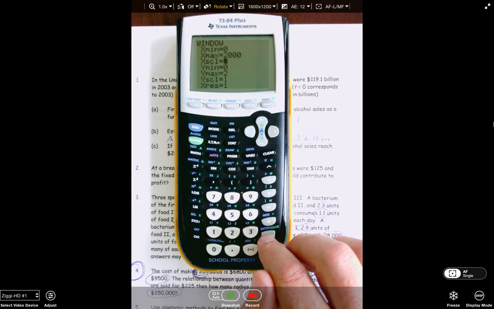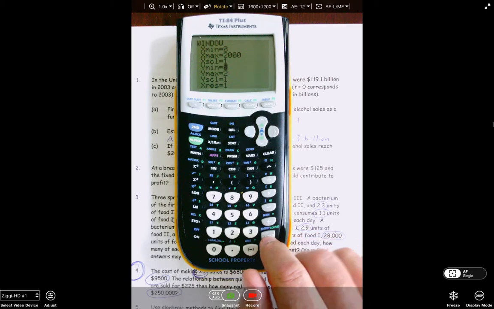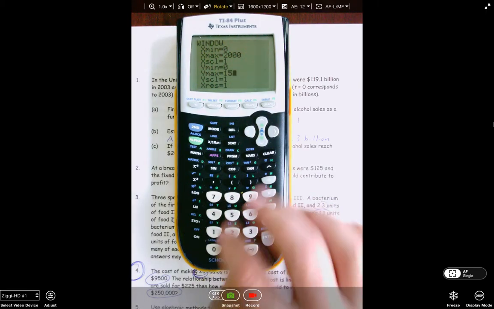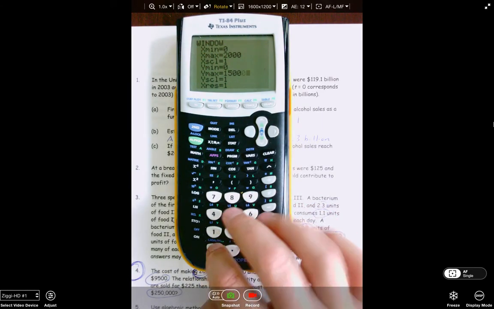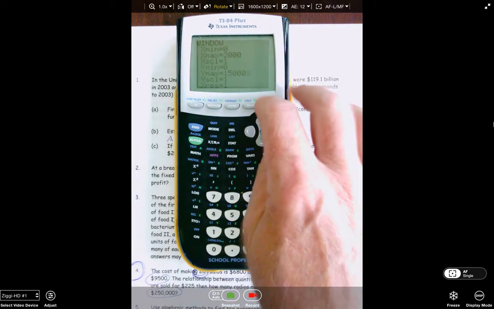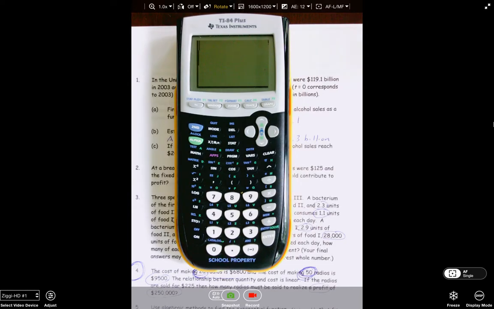And I want my Y to go from 0, and I think my revenue would have been, let's see what happens with a Y of, say, 15,000. I don't know if this is going to work or not. Let's see what happens.